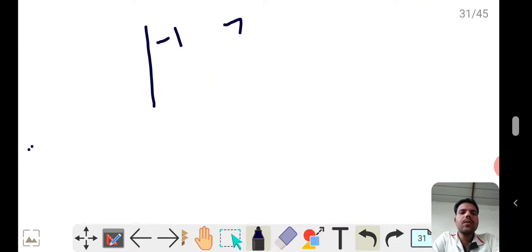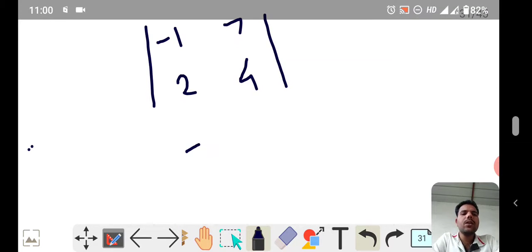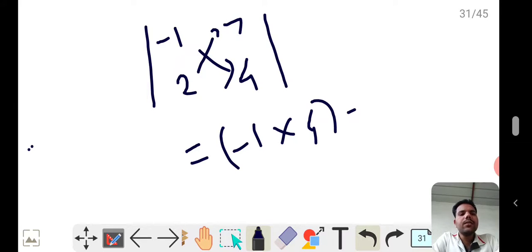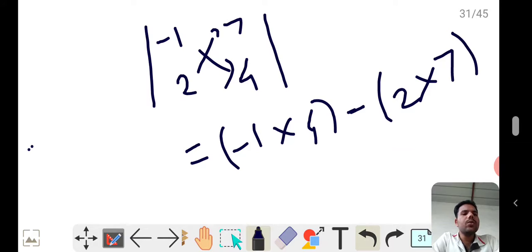To solve this determinant we just cross multiply these terms and take the difference. So minus 1 into 4, minus, the second multiplication, 2 into 7. So we get minus 1 into 4, which is minus 4, minus 2 into 7, which is 14.